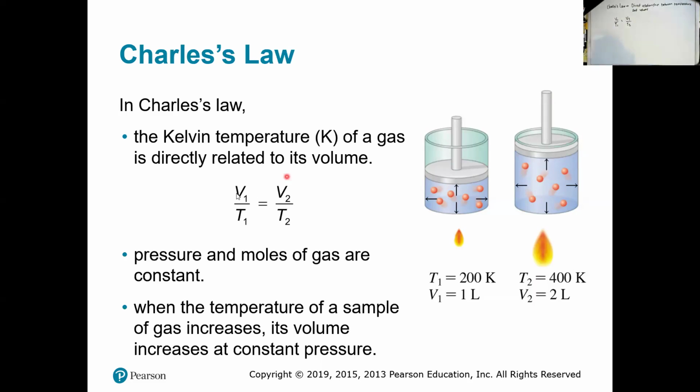Okay? V1 over T1 equals V2 over T2. And the big thing here, once we get into Charles' law, is that this temperature has to be put into Kelvin before you can do this calculation. Your temperature must always be in Kelvin.